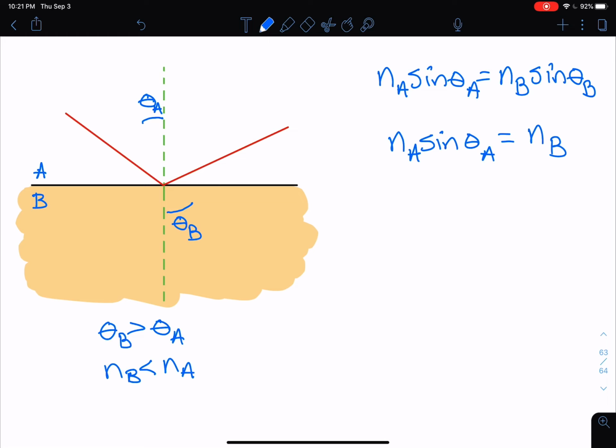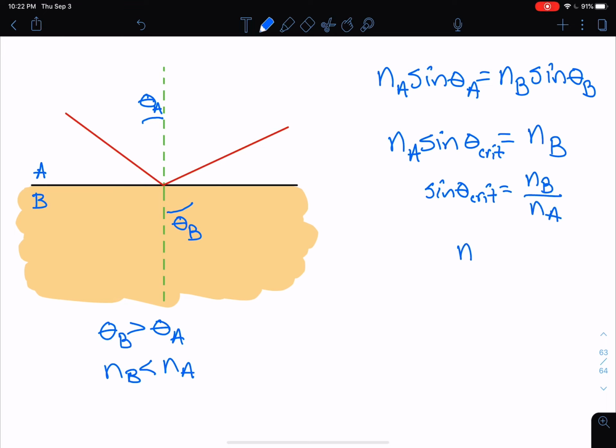So when the angle has gotten past that critical angle, and that's what this is right here, this formula that we've got here defines the critical angle. And so we get sine of theta critical. This is how it's written in the content.